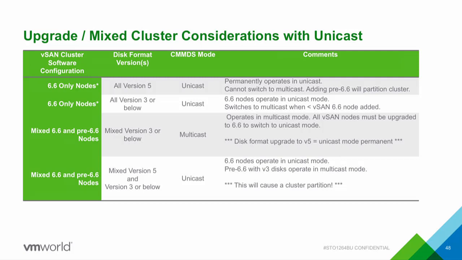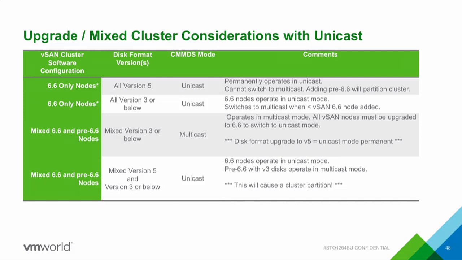However, if I brought all the nodes up to 6.6 and I have left the on-disk format at, say, version 3, which is the previous version, all of those nodes are now running unicast because they're all running 6.6. If I now bring an older 6.5 or 6.2 node into that cluster, the cluster reverts back to multicast.